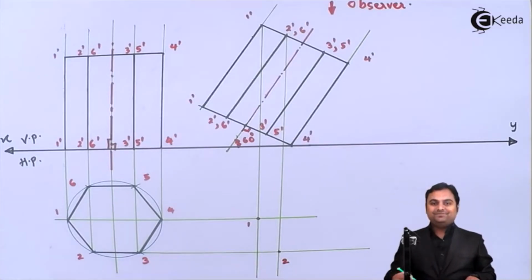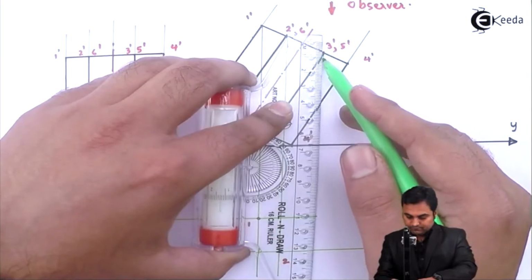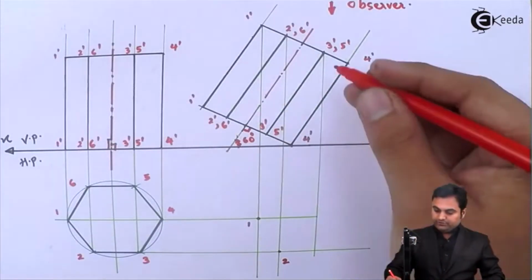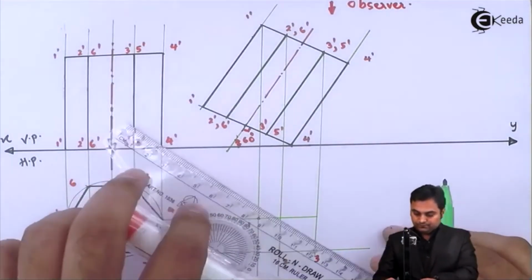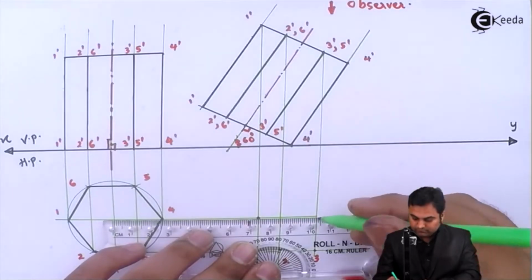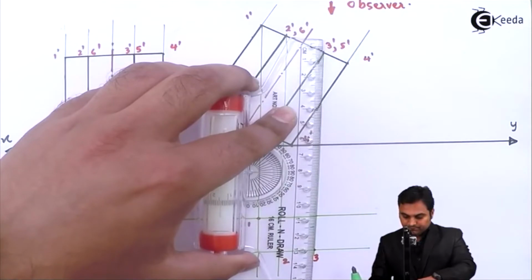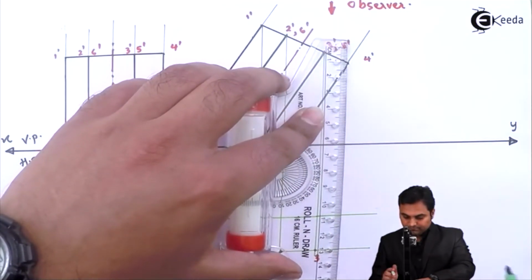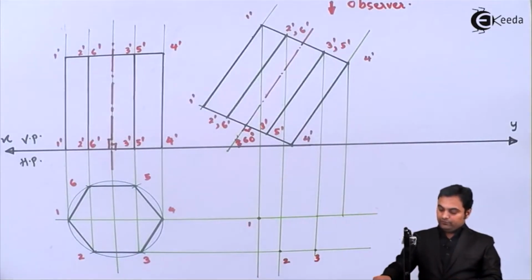Next, point 3. Point 3 dash from the front view, point 3 from top view. So here there is point 3. Next, point 4. 4 dash from front view and point 4 from top view.